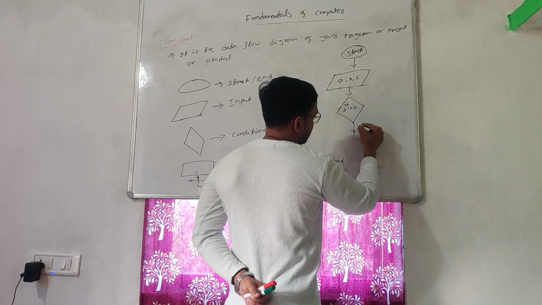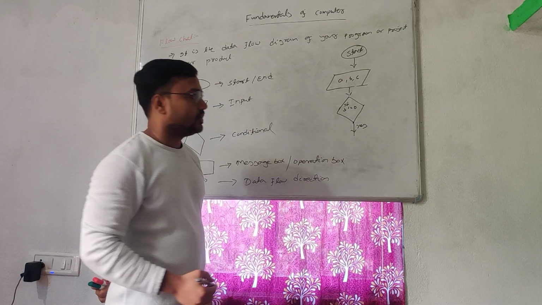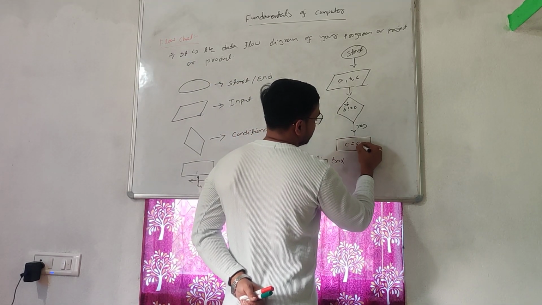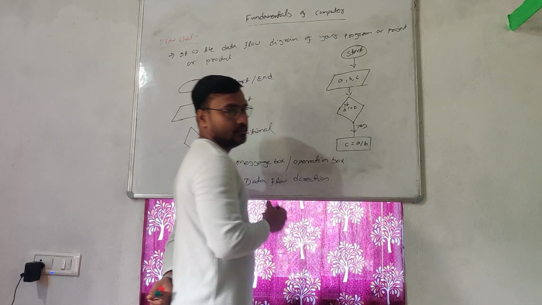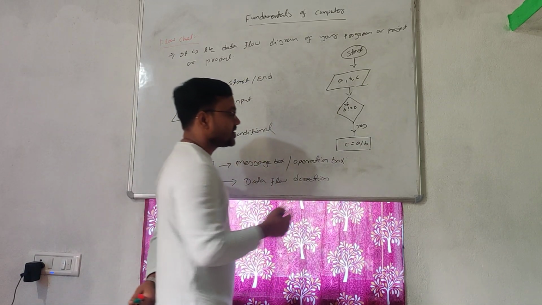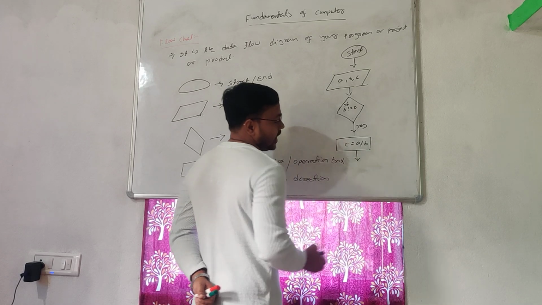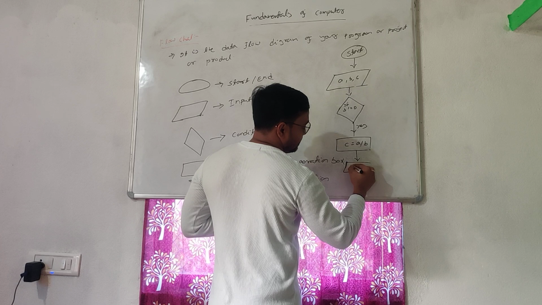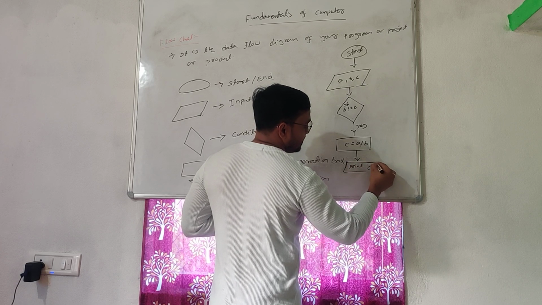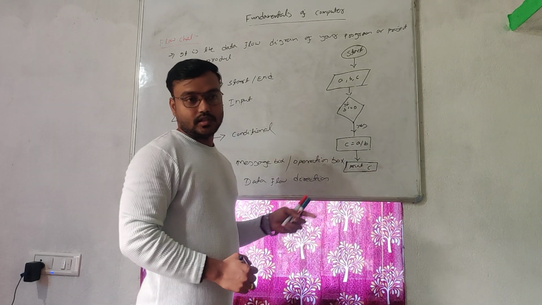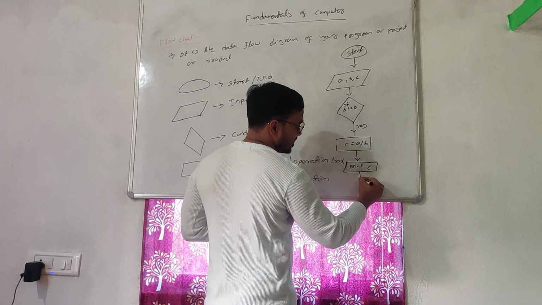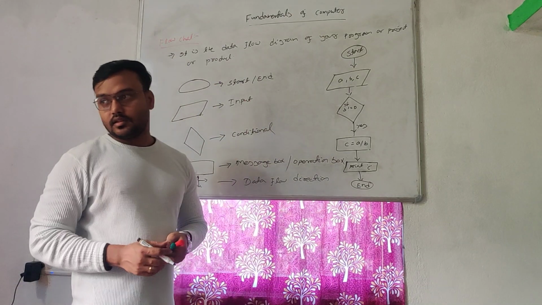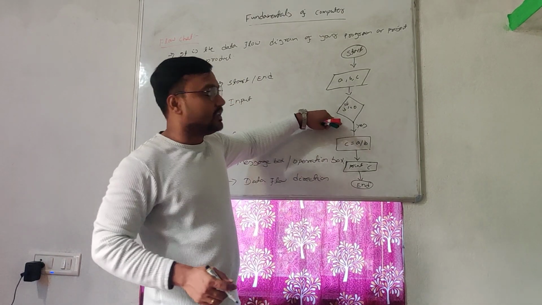if it is true, then what do I do? I perform the operation. That is C equals A by B. Right? Once done, what will I do? I will print the result. Print C. Okay. Once printing is done, the next step is end. This is for the yes flow.